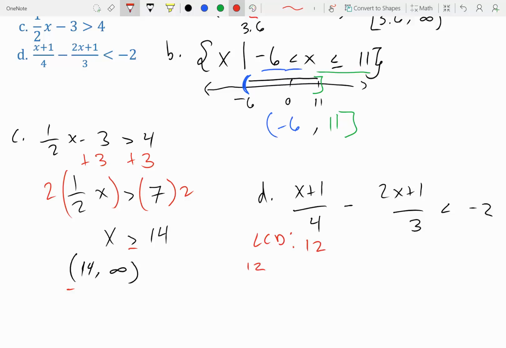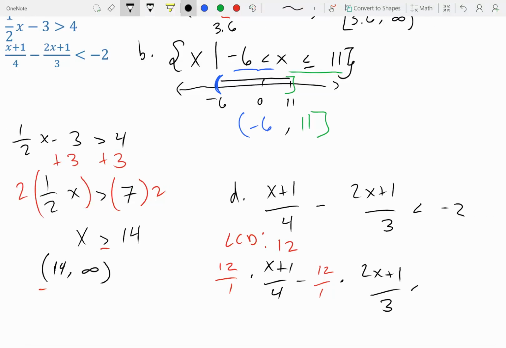And we're going to multiply that by every single numerator we see. So we have 12 over 1 times x plus 1 over 4 minus 12 over 1 times 2x plus 1 over 3 is less than 12 over 1 times negative 2 over 1.